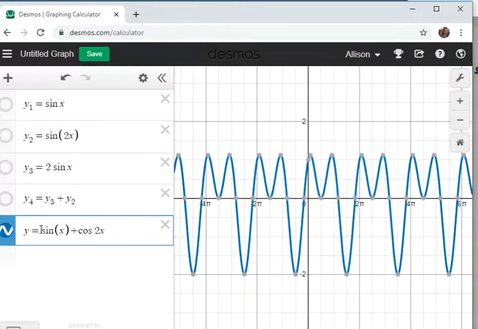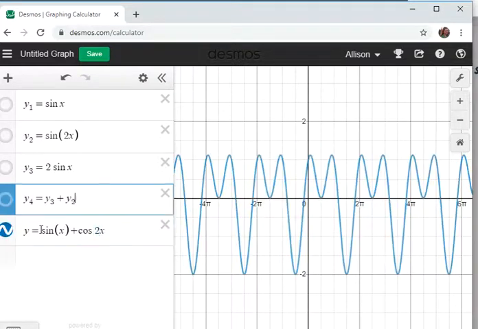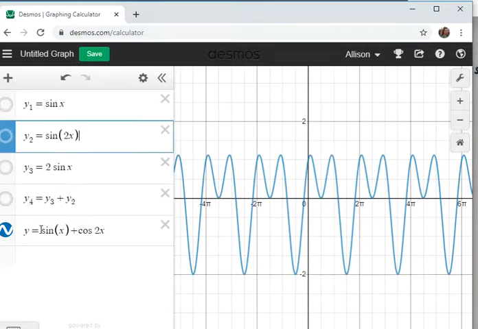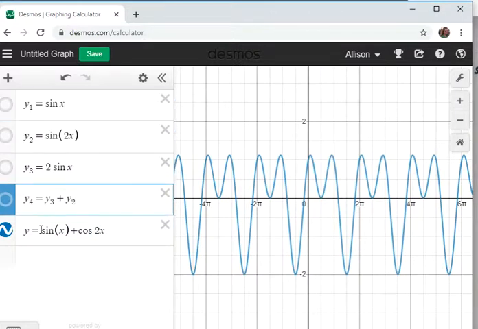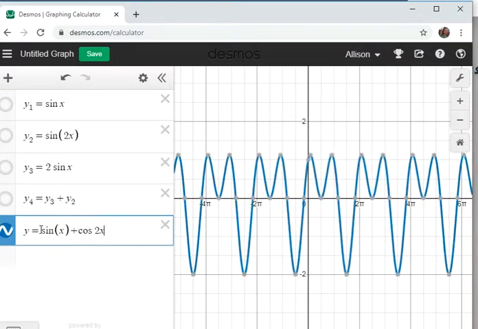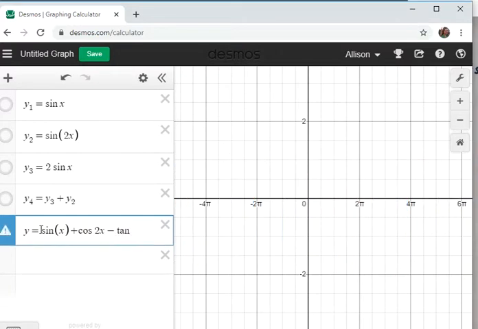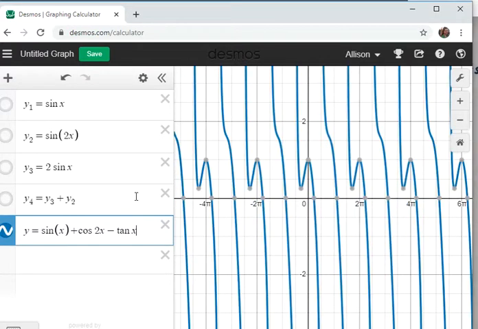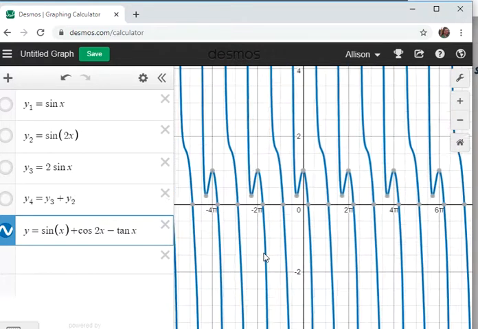Ooh, there we go. Now the period is changing. When I have the periods being different, that's when I see the most changes. So the two that we added here from y2 and y3, I got some interesting functions because they didn't have the same period. When I'm adding functions with the same period, I didn't get quite as good change, but you can get really interesting things by adding varieties. If I add in some tangents, it's going to get real weird because tangent has those asymptotes associated with it as well.